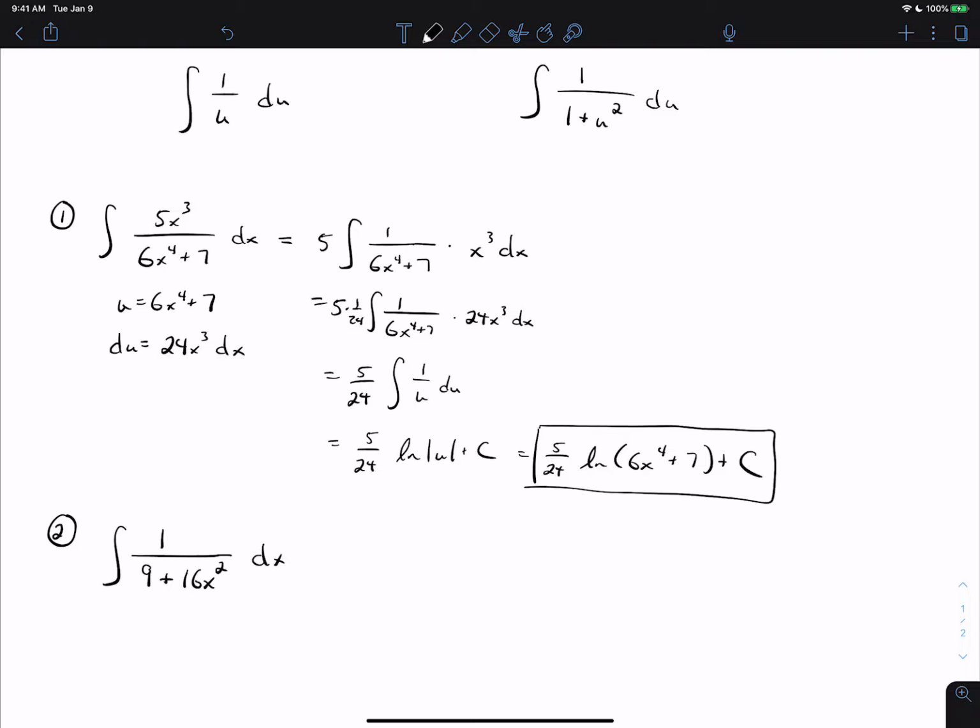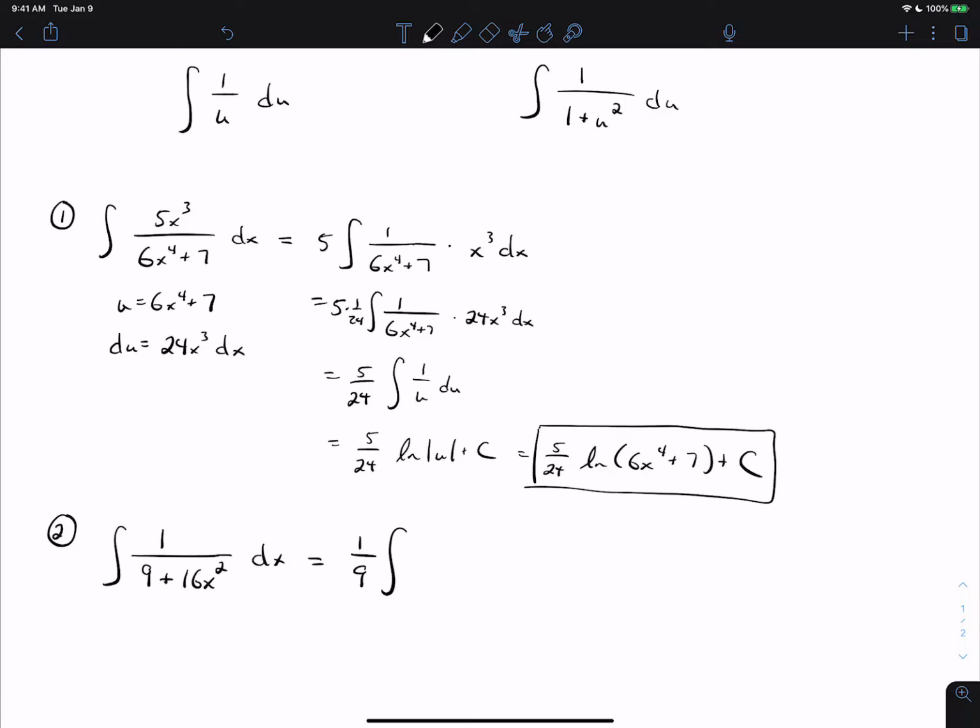So what we could try to do is try to match the second form, and it's going to work here, but the biggest difference between problem 2 and the form on the top right of your screen, the 1 over 1 plus u squared du, is that you have a 9 rather than a 1. So what we do to kind of fix that is we factor a 9 out.